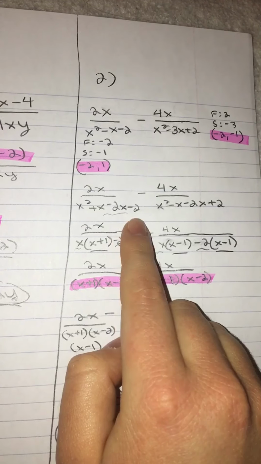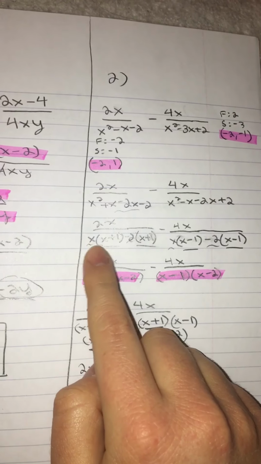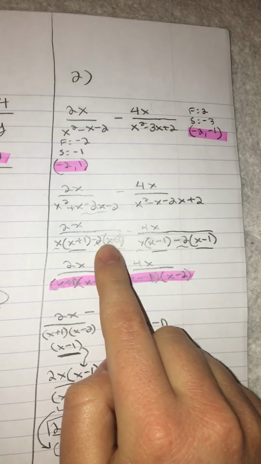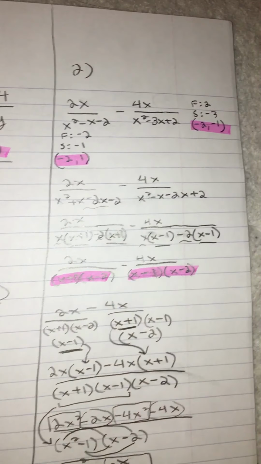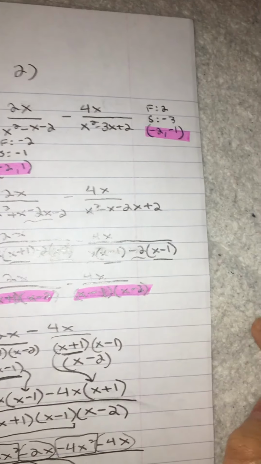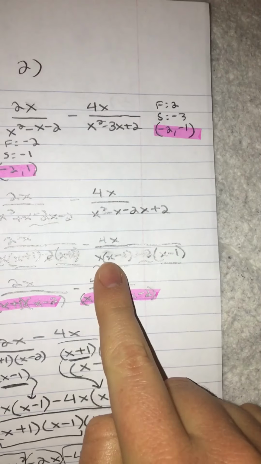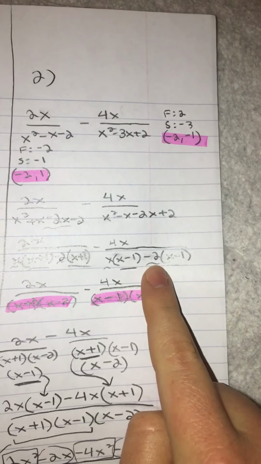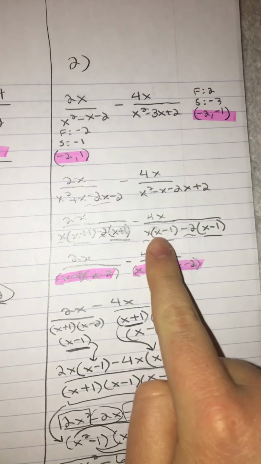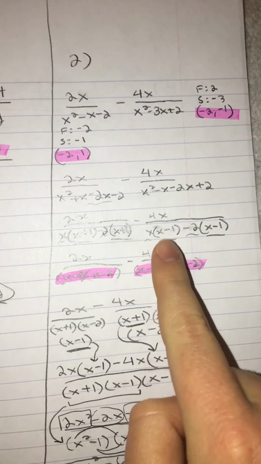You want to focus on this section and this section so that in the parentheses is x plus 1, and over here in the parentheses is x plus 1. And then over here it's the same. Factor out the x, factor out the negative 2, and both of the values on the inside are x minus 1.